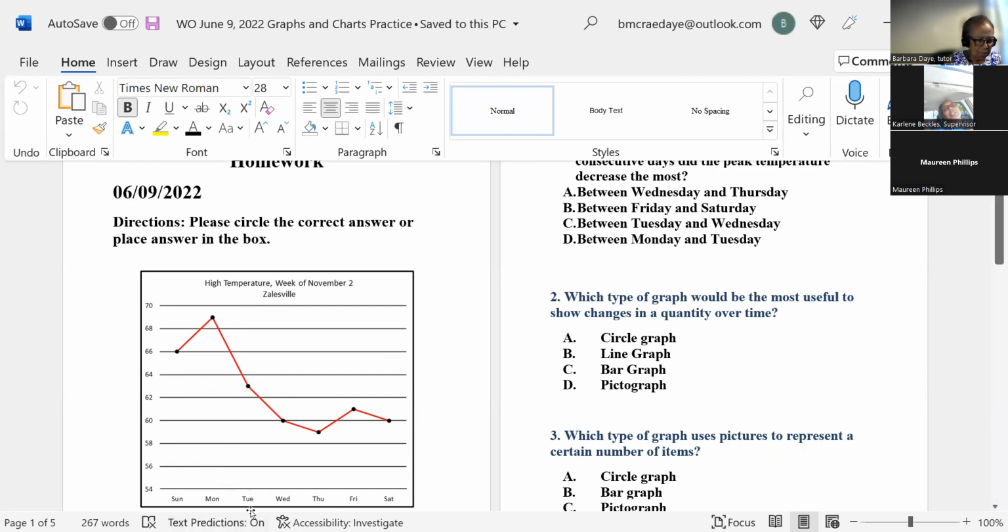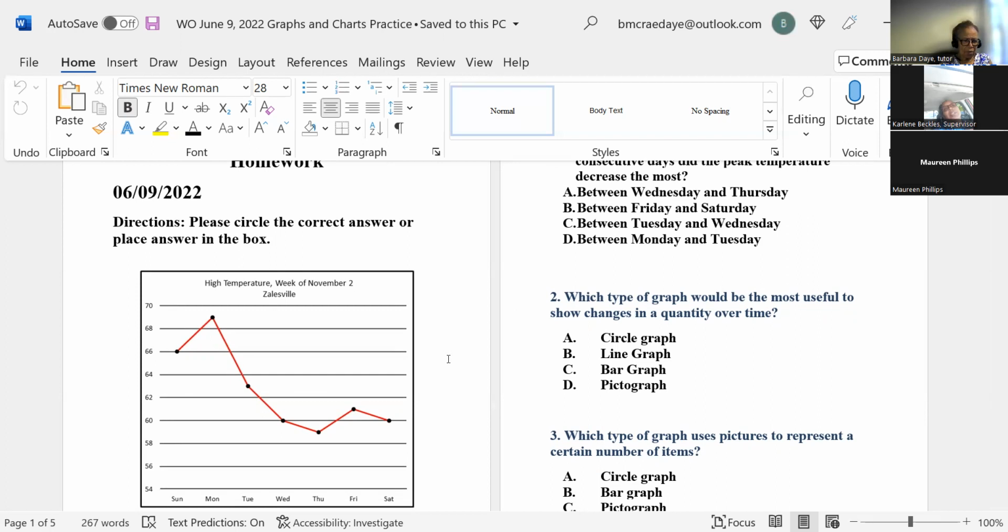Tuesday is here. Then Wednesday, the dot. There's Thursday, there's Friday, there's Saturday. So you have choices between Wednesday and Thursday, Friday and Saturday, Tuesday and Wednesday, Monday and Tuesday. So which one will you pick to show the largest decrease?